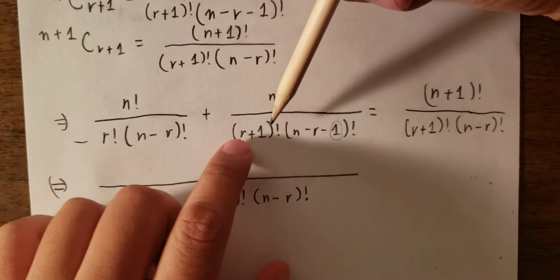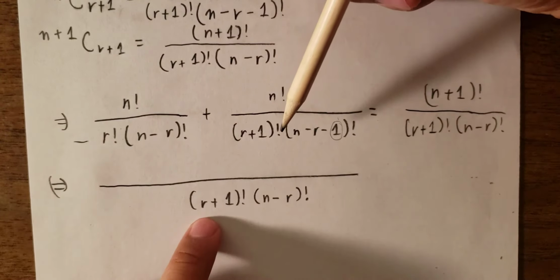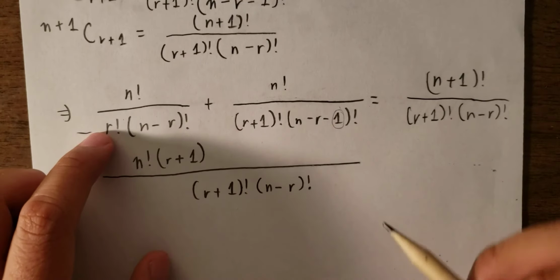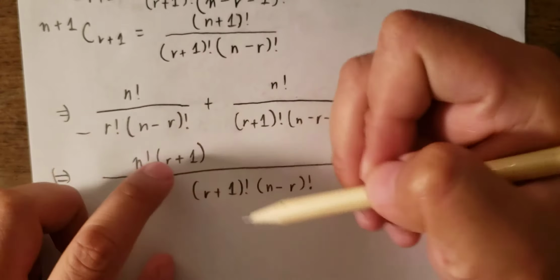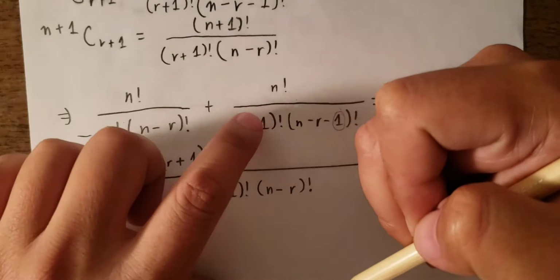To get the common denominator here, we need to multiply by r plus 1. So you get r factorial multiplied by r plus 1, which becomes (r plus 1) factorial here.